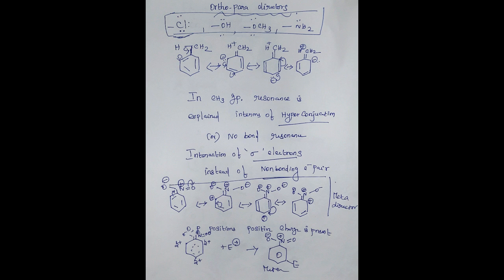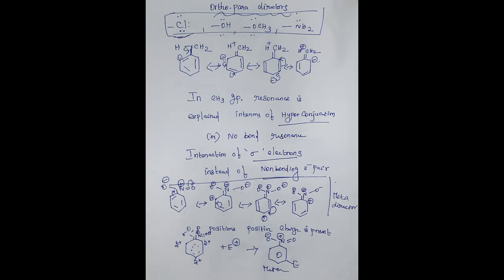we can see the plus charge present on the ortho and the para positions. So already the incoming electrophile is an electron deficient group. It wants an electron rich place only. When you see the resonating structures, the ortho and para positions are already deficient in electrons.